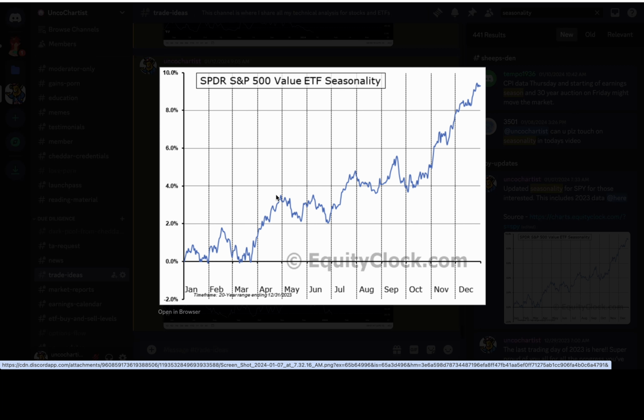And the 20-year average is good data. That's a large sample of data based on the price action, the average movement of the price action for the last 20 years. And this is what we got. You guys can see here. And this does include 2023's price action as well.